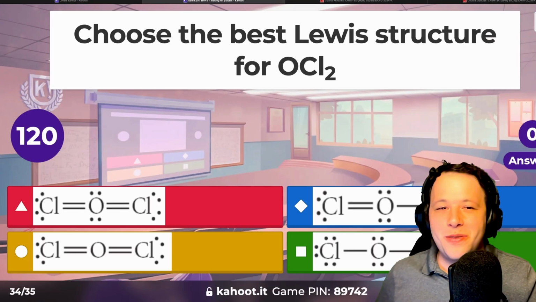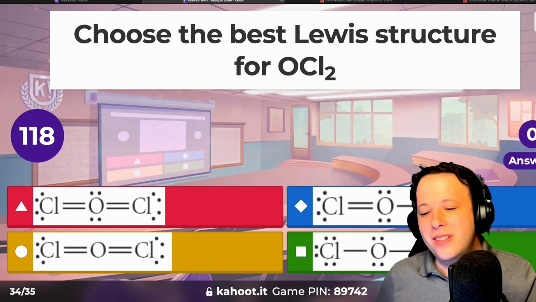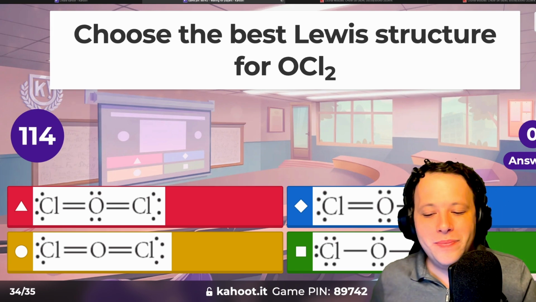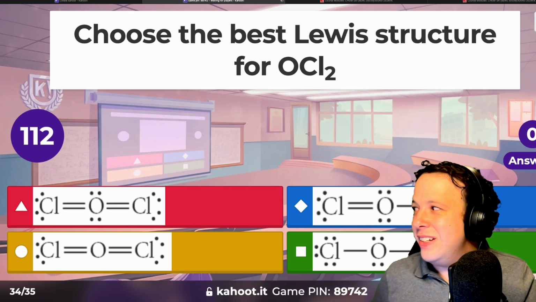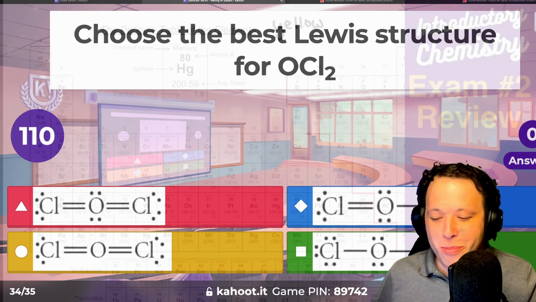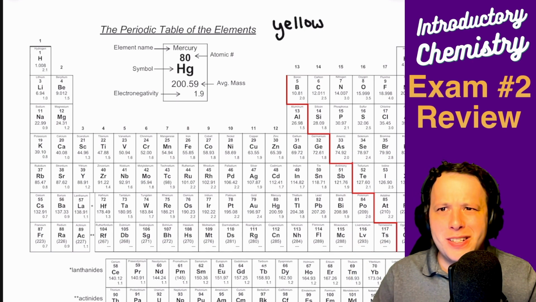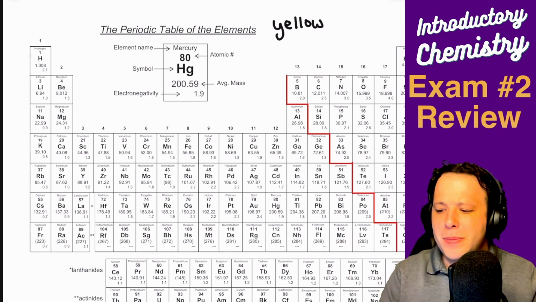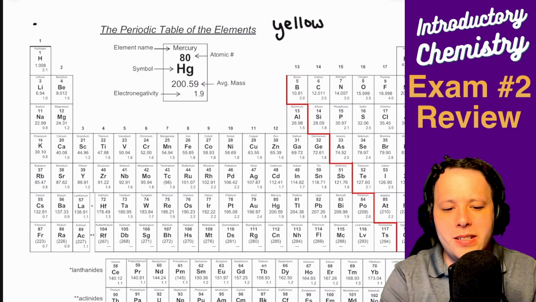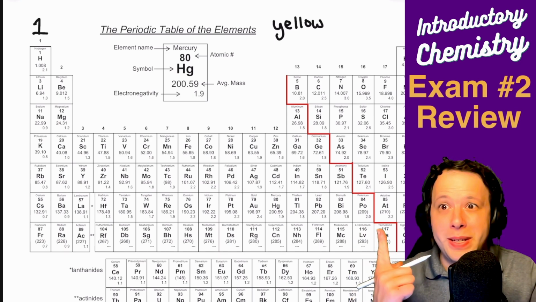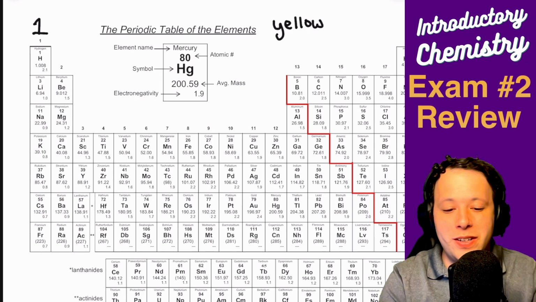Choose the best Lewis structure for OCl2. So what is the best Lewis structure for OCl2? If you go off bonding trends, it's a lot easier of a problem. Let me talk about the bonding trends briefly because I don't think I really mentioned them earlier. The big thing with bonding trends is that you go off how many valence electrons there are. Hydrogen can make 1 bond because it has 1 valence electron to share.